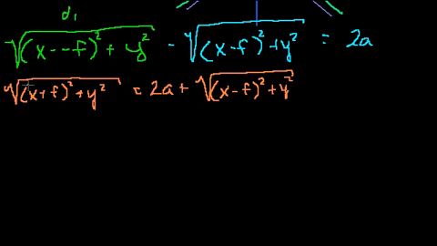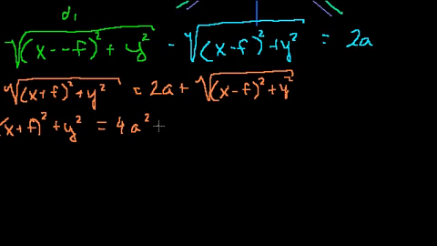The left-hand side, if you were to square it, just becomes (x plus f) squared plus y squared. And then to square this, we square the first term, which is 4a squared. Then we multiply the two terms and multiply that by 2, right? We're just taking this whole thing and squaring it. And this is just a review of kind of binomial algebra.